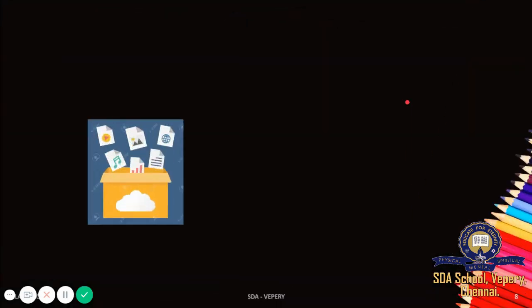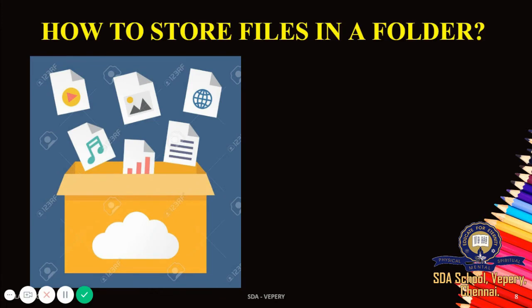And now, how to store a file in a folder? You will click the file, right click, and copy, and then go to the location where you need to store it.